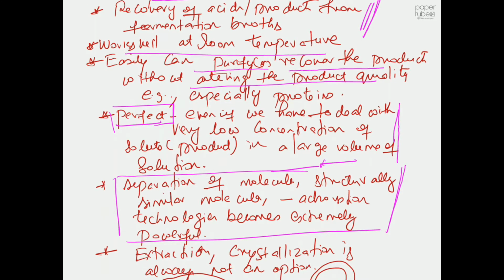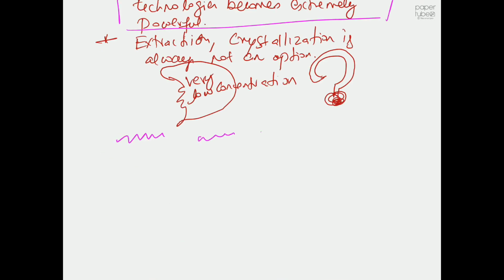And we will stick to these principles of adsorption, especially when it comes to separation of molecules, that we will cover in a bit more detail when we talk about column chromatography. So I hope you all understand what structurally similar molecules are. I can draw something quickly. Imagine you have 3 molecules like that.